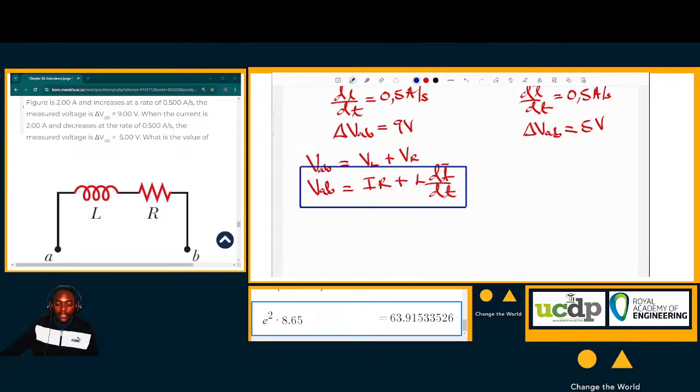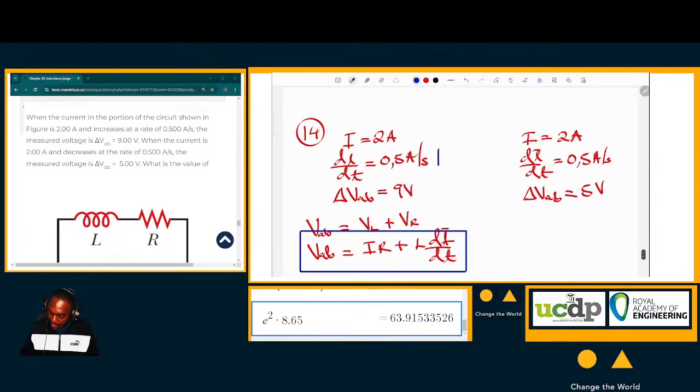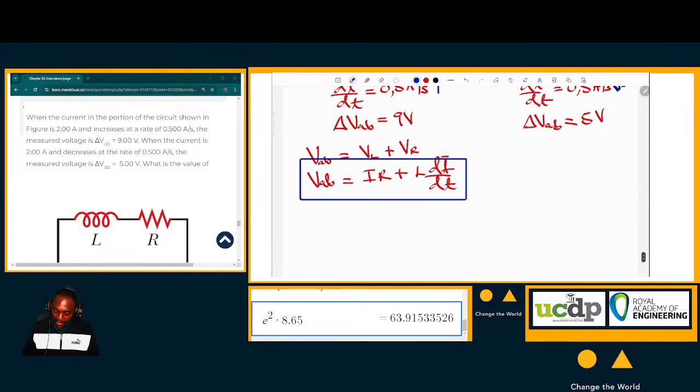So the first case, what are they saying? If you notice, in the first case the current increases at a rate, which means di/dt is positive. Then for the second case, di/dt is negative, reducing. That has an implication. Let's consider equation 1 for the first case.